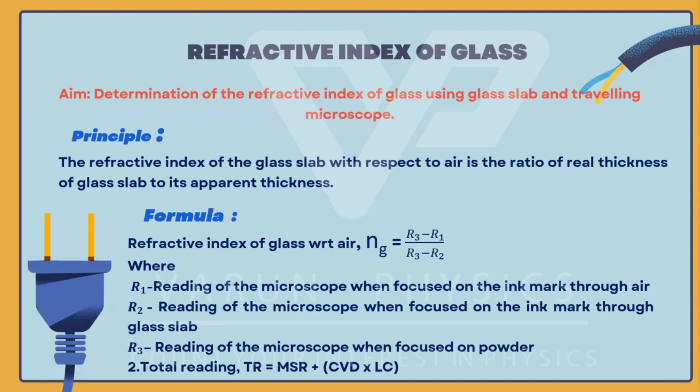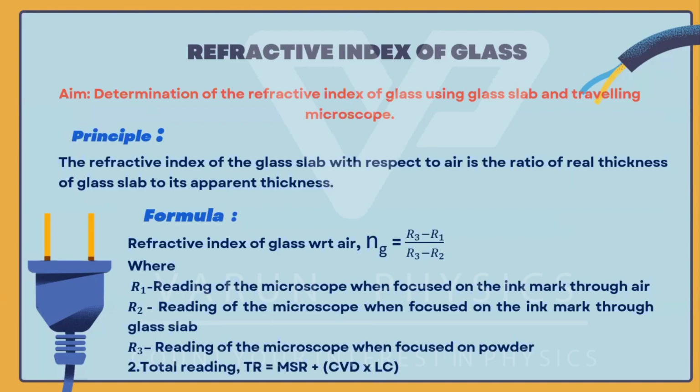R2 is the reading of the microscope when focused on the ink mark through the glass slab, that is through the denser medium, and R3 is the reading of the microscope when focused on the powder. This powder is used as a reference axis from where we are measuring the distance of the object through air and through the medium.